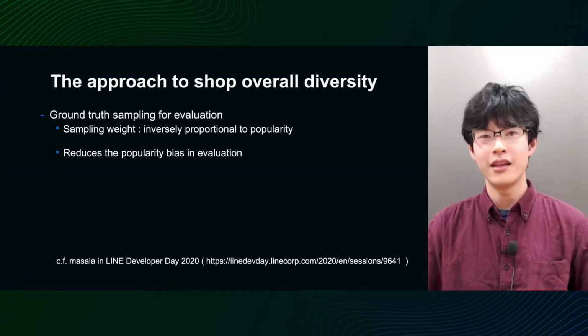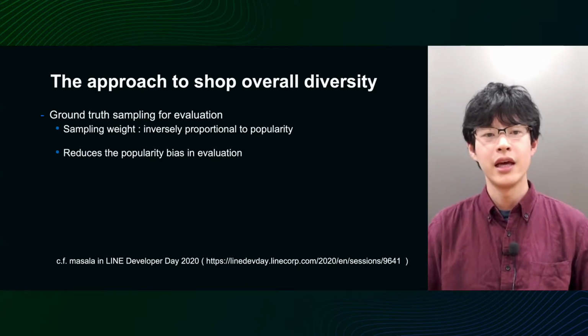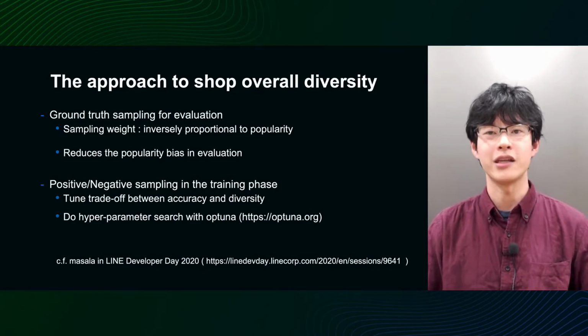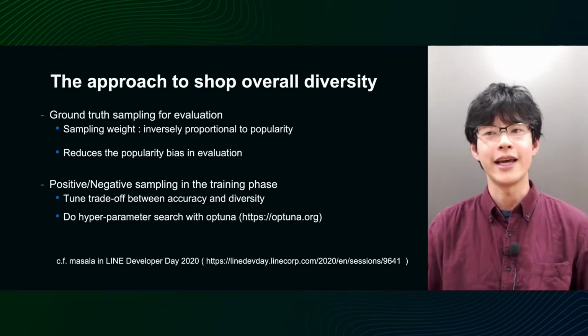More specifically, for evaluation, we apply sampling weight, inversely proportional to popularity. For training, similar weighted sampling can be done. How much trade-off to be reduced can be tuned using hyperparameters.